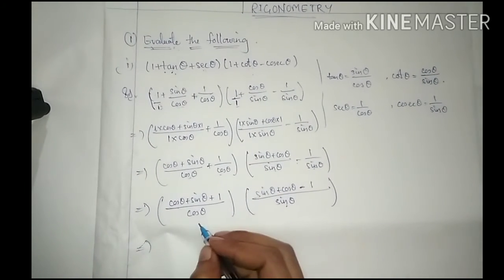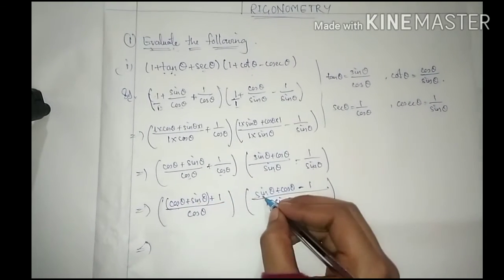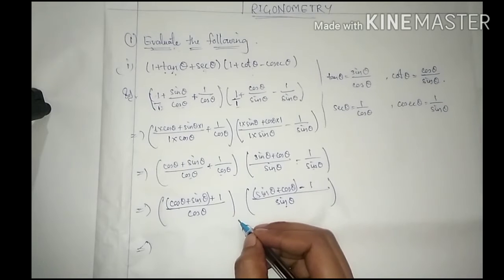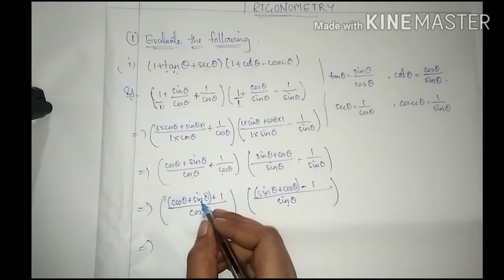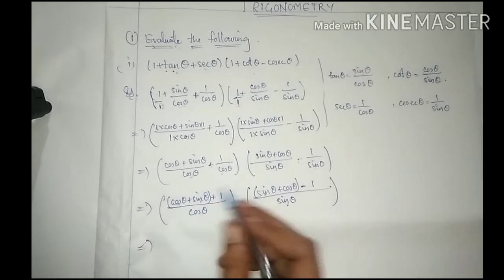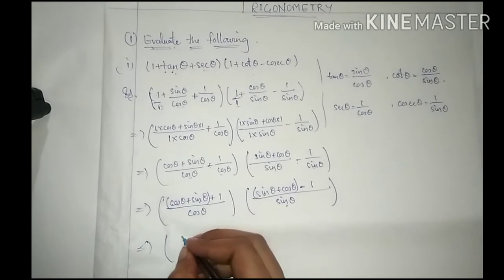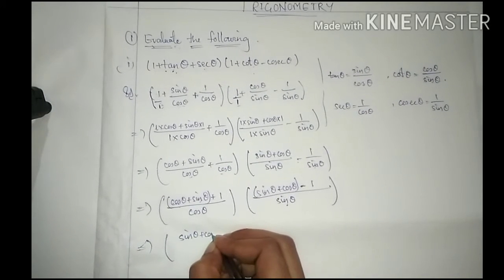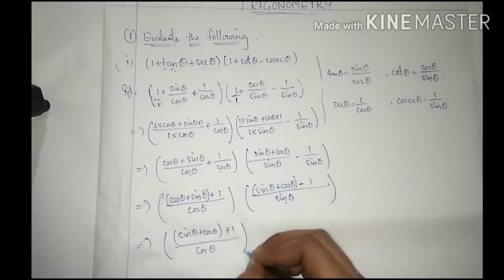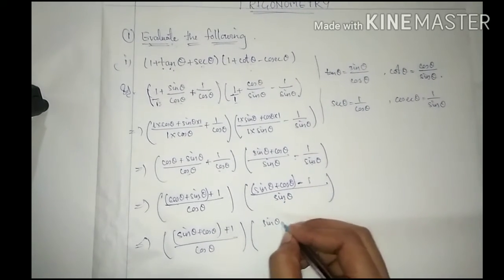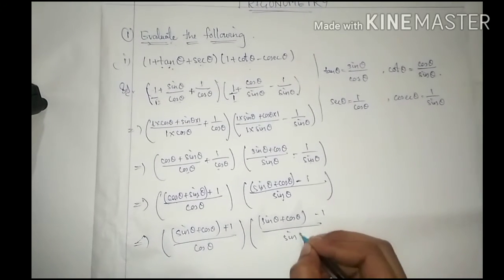Now you can see over here cos theta plus sin theta, same. We can write in place of cos theta plus sin theta as sin theta plus cos theta. Like 2 plus 3 or 3 plus 2, you will get the same answer, 5 only. Likewise we are just changing: sin theta plus cos theta plus 1 by cos theta, then sin theta plus cos theta minus 1 by sin theta.